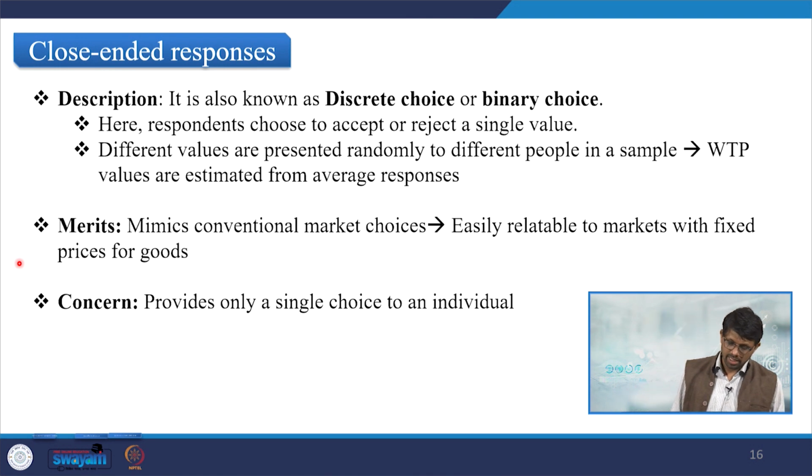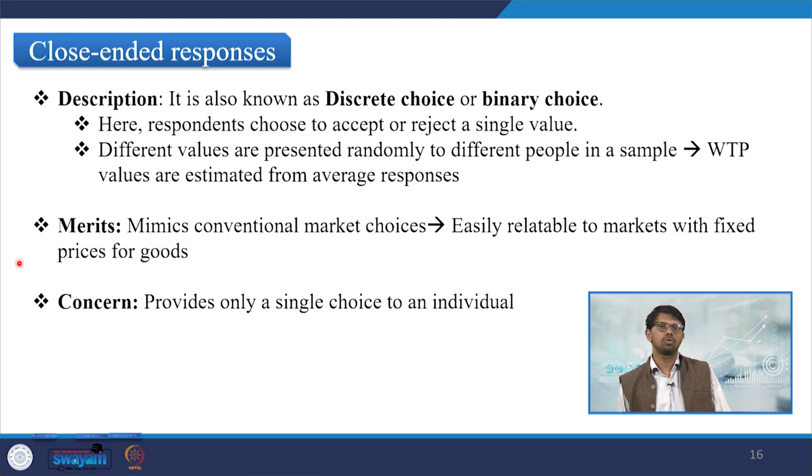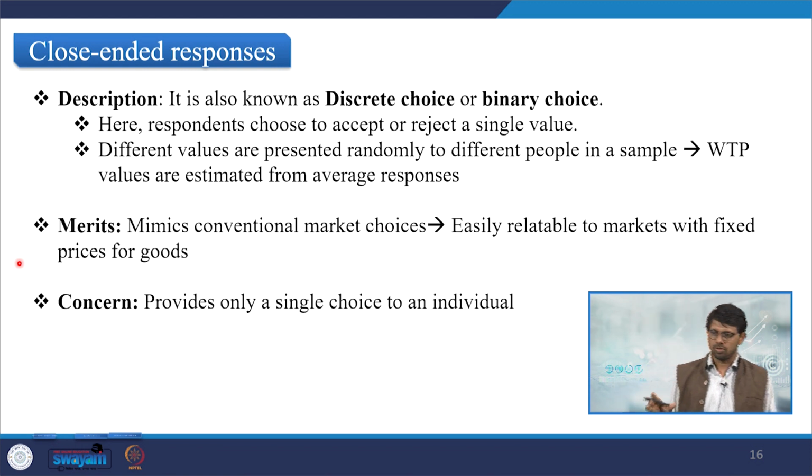WTP values are estimated from average responses. The merit of this method is that it is easily relatable to markets with fixed prices for goods. There are also concerns attached to it.